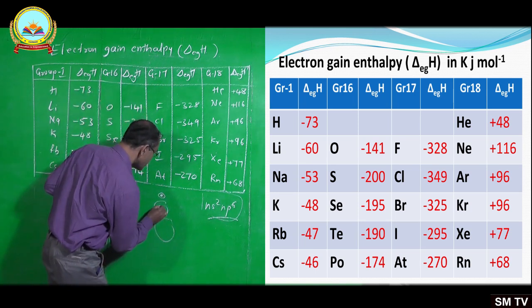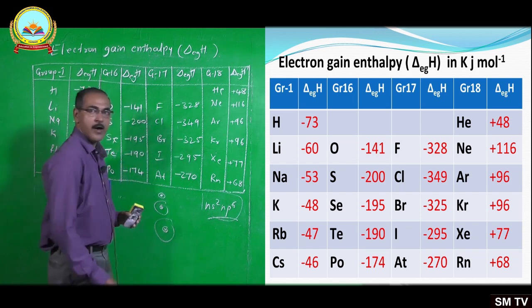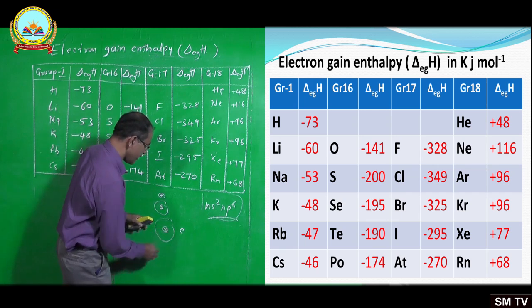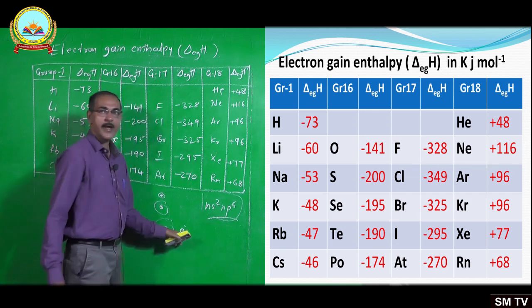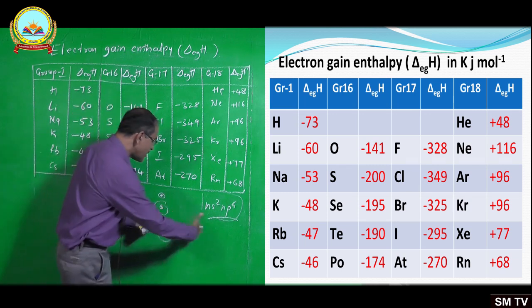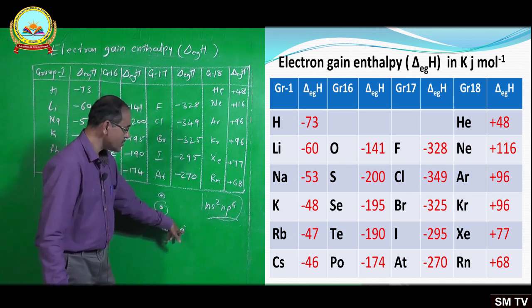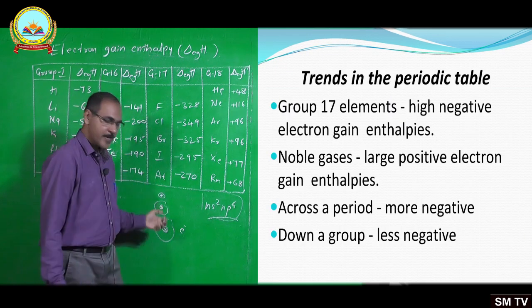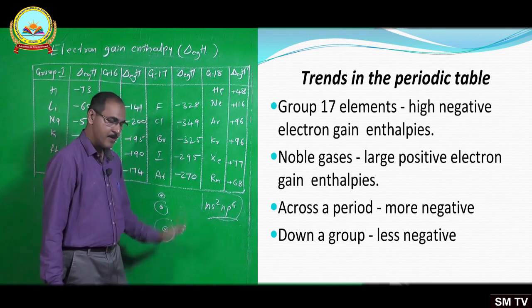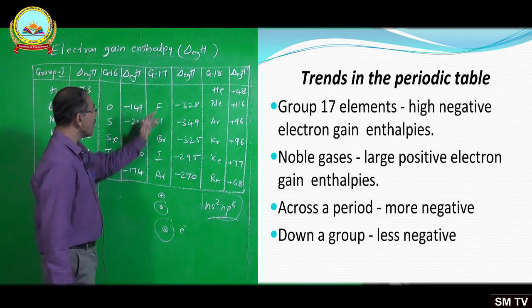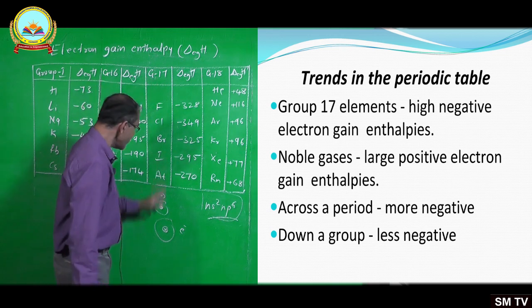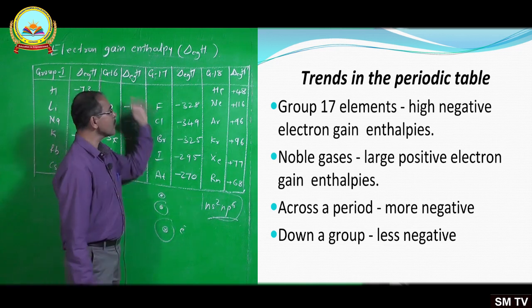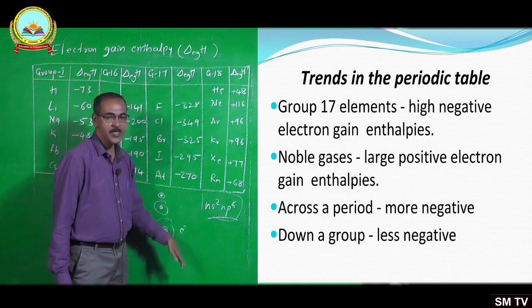Say you have the positive charge here and you have the electron; there is a force of attraction between the positive charge and the negatively charged electron. As the distance between the nuclear charge and the electron increases, the force of attraction decreases. Therefore, on moving down the group, the electron gain enthalpy becomes less negative.